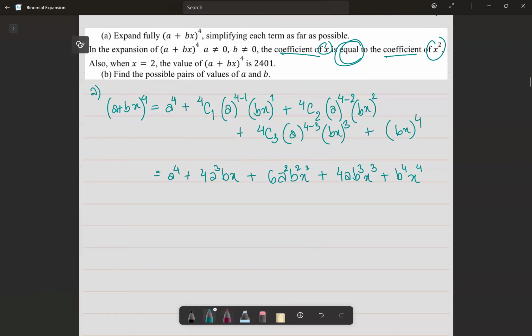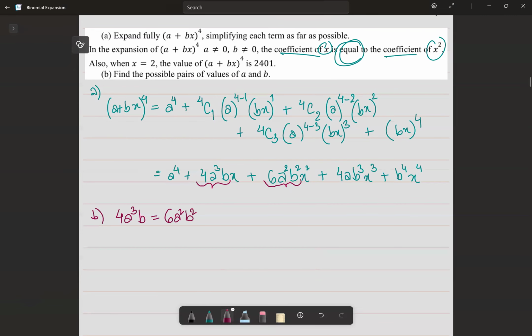So whatever we have with x is the coefficient of x, and this equals the coefficient of x squared, which is whatever we have with x squared. So these two are equal, right? So this brings us to our first equation. We have 4a cube b is equal to 6a square b square.